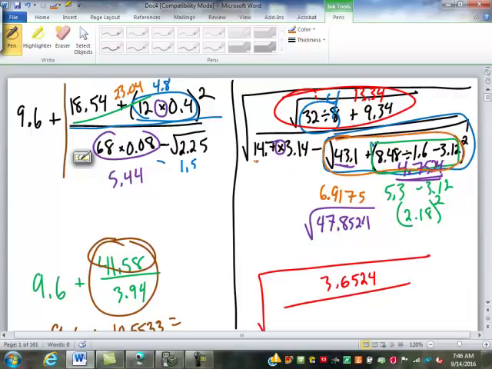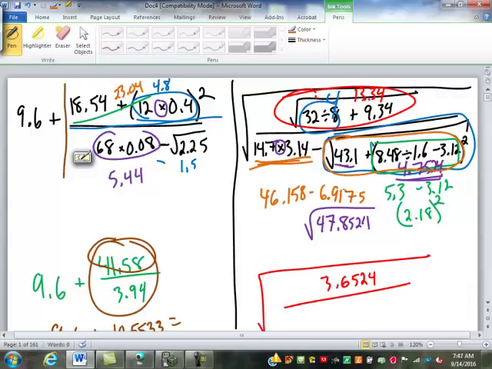Now we've got to do 14.7 times 3.14, which is 46.158, okay. Minus 136.2.